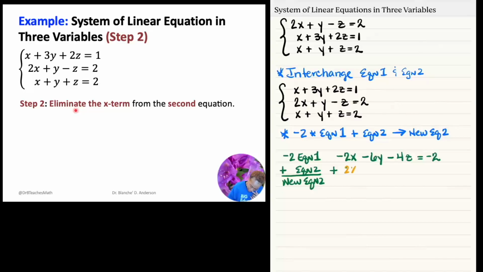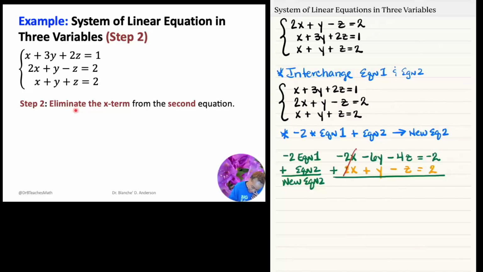How about that? 2x plus y minus z equals 2. Okay, and we're going to add those together. Now, what do you notice happens? This cancels, right? Which is what we want. We want to get rid of the x term from the second equation. So, cool beans. That cancels.